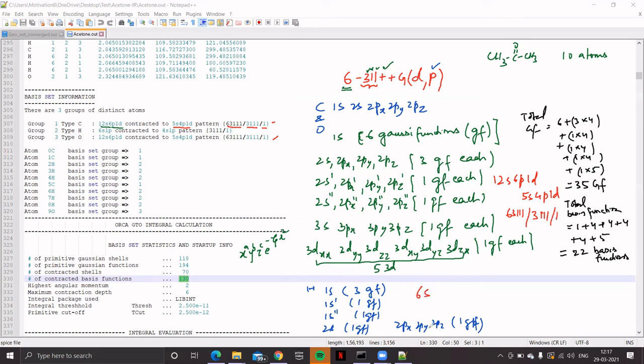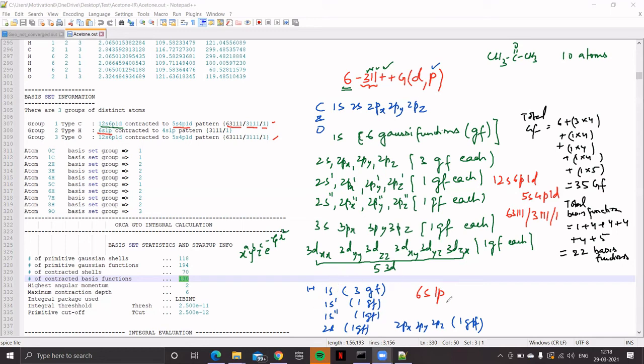How many P types of Gaussian function? For 2px it is 1. So that is 1p. So that's the meaning of the 6s and 1p. So total Gaussian functions used for S is 6. Total Gaussian function used for each 2p is 1. Contracted to how many types of contracted S-type orbitals?